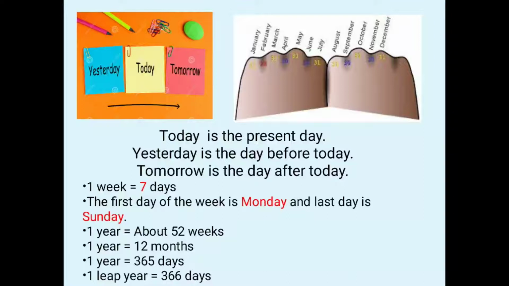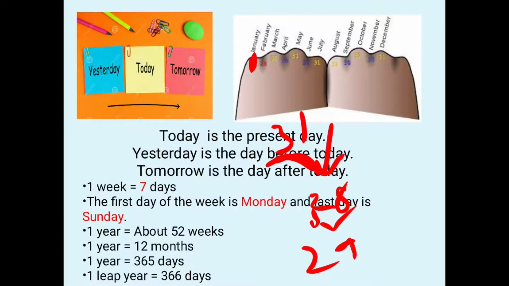Can you see this? We need to start from here. This upper one is of 31, and this down one is of 28. Okay, in February only 28 or 29. Then again up one is 31, down one is 30.